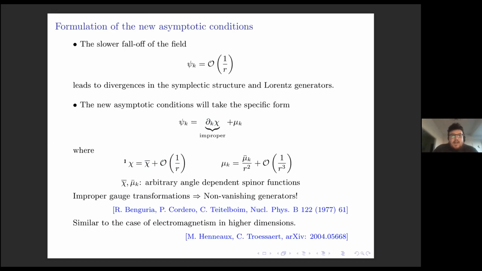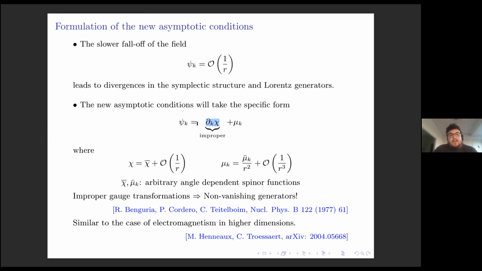And this is going to be the fall-off for this chi field. And we can see the field mu has the standard boundary conditions. The barred functions are going to be arbitrary angle-dependent spinor functions. And now we are relaxing the boundary conditions in this way.